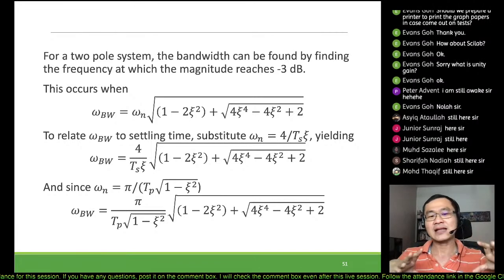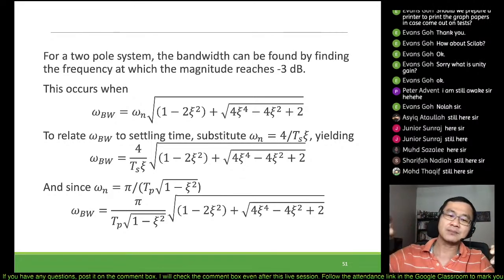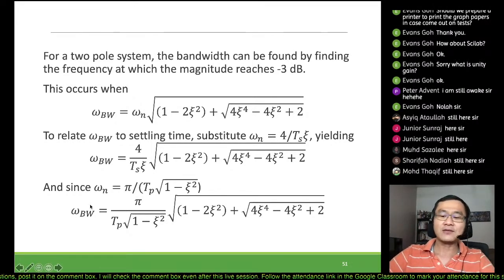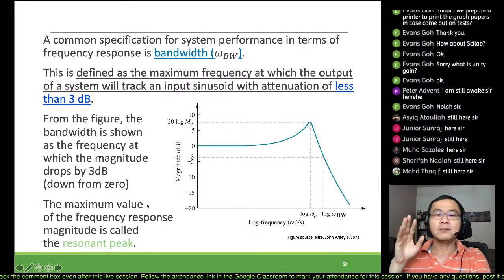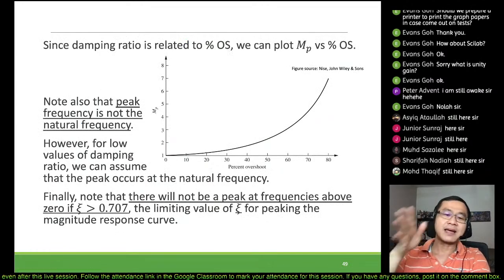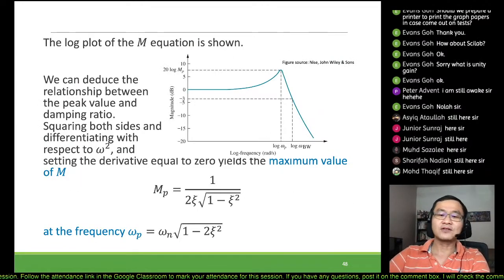You get omega bandwidth directly, then you can reverse back to plot your Bode plot, with the maximum point given by such, and omega n is such.